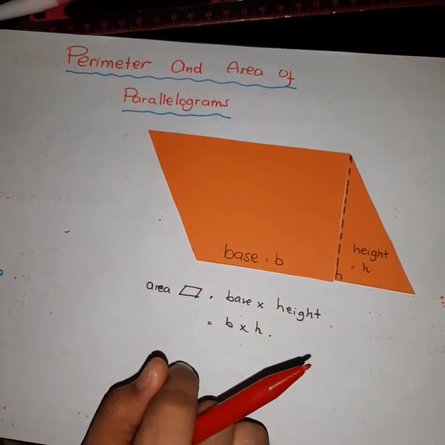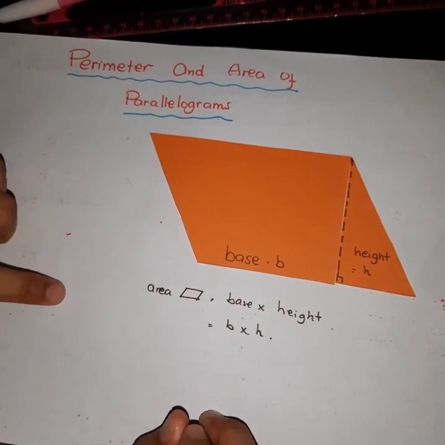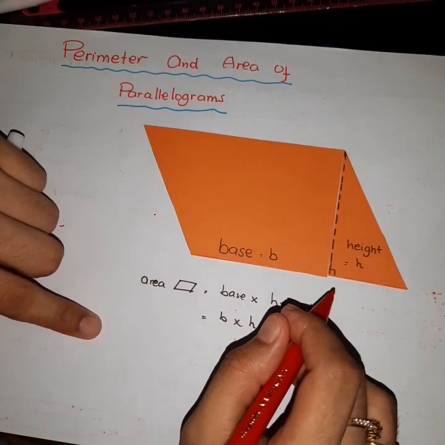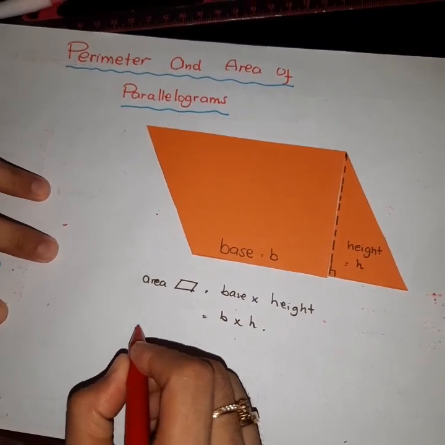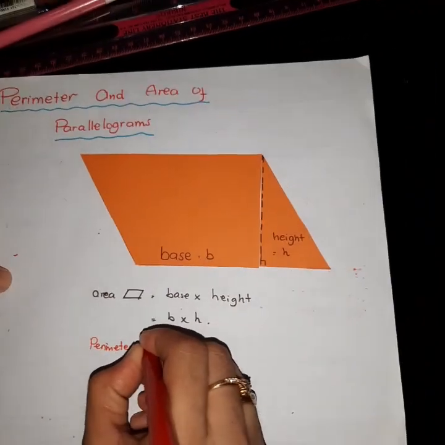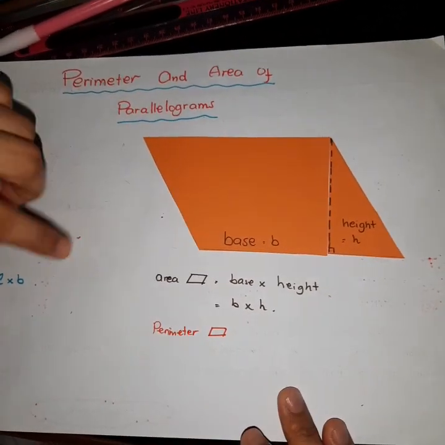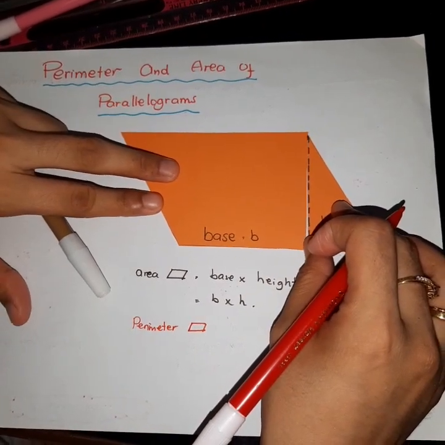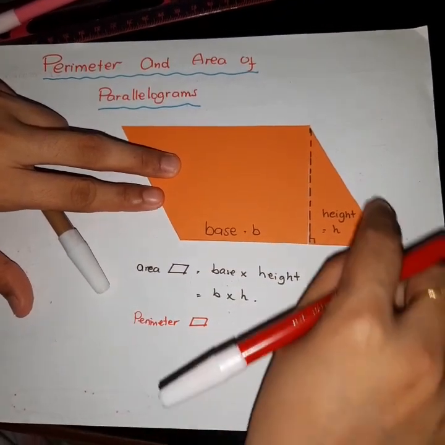So the area of the parallelogram is base times its height. But how about the perimeter of the parallelogram? Remember, when you talk about perimeter, it means you only need to find the measure of all the sides.